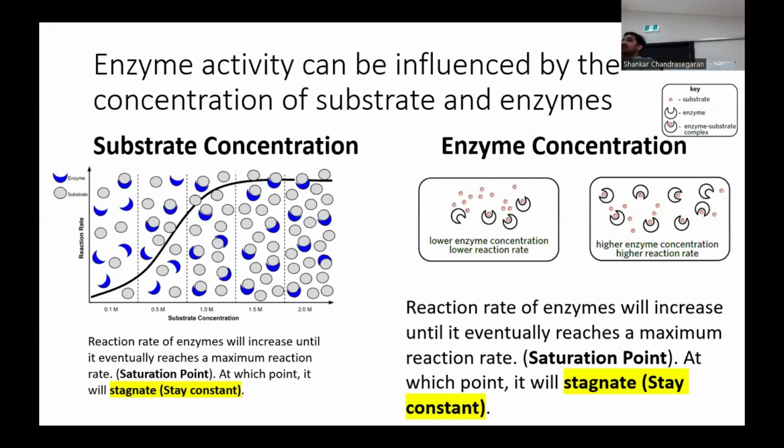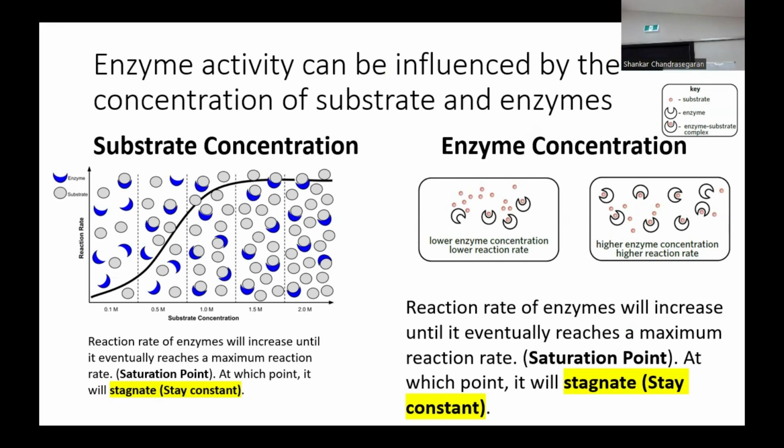All right, the next one is talking about substrate and enzyme concentration and how that can affect enzyme activity. So essentially, remember that enzymes require substrates to break down into products, right? So if there is a lot of enzyme but very little substrate, it's quite pointless because enzymes need substrate to break it down into products.